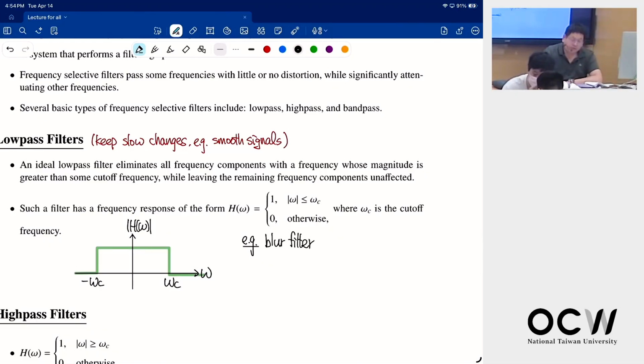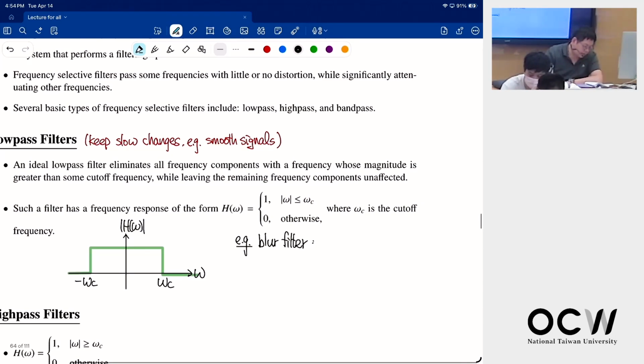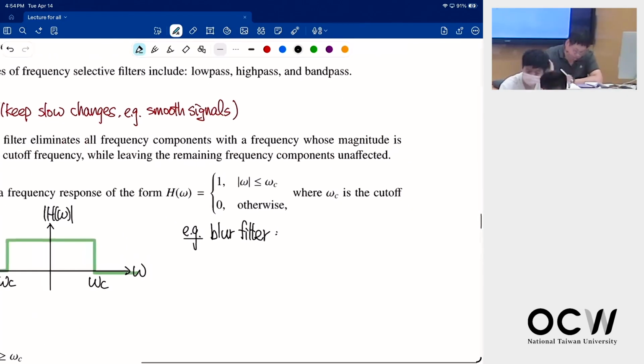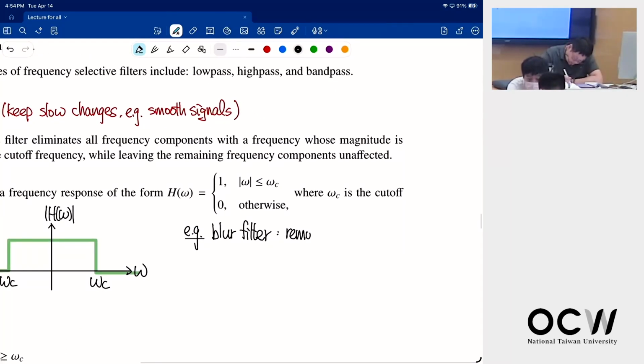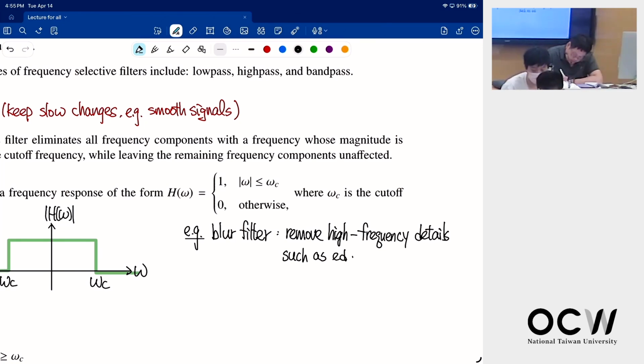For the blur filter, I can remove the high frequency details, such as the edges and noise.